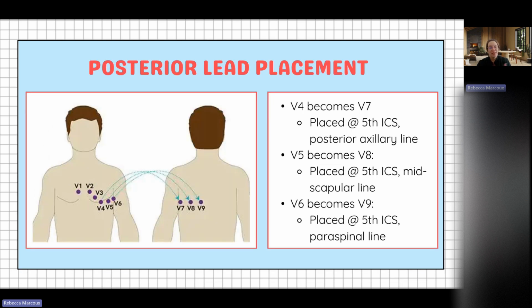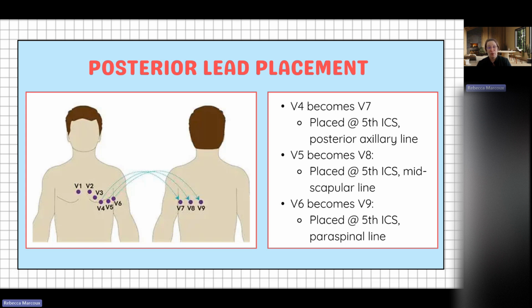So lead placement is basically the same, just posteriorly, but it's a little trickier to landmark. So your V4 becomes V7, placed at the posterior axillary line at the 5th intercostal space. Your V5 becomes your V8, placed 5th intercostal space mid-scapular line.